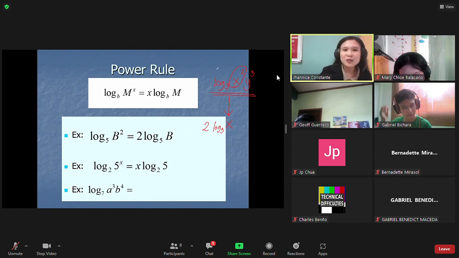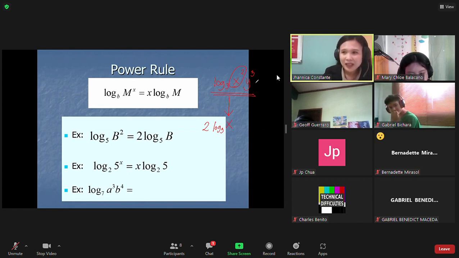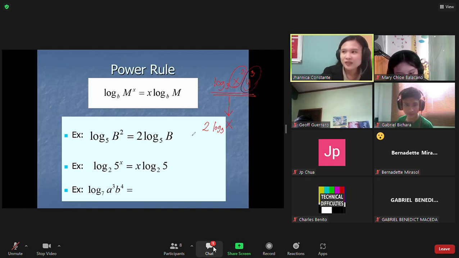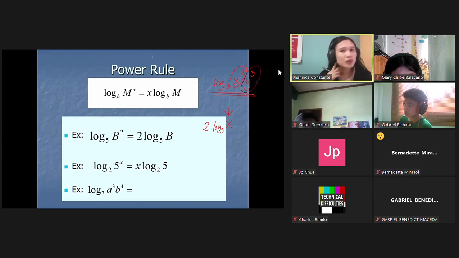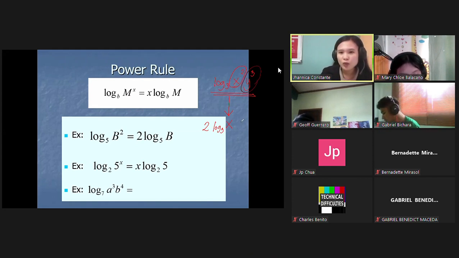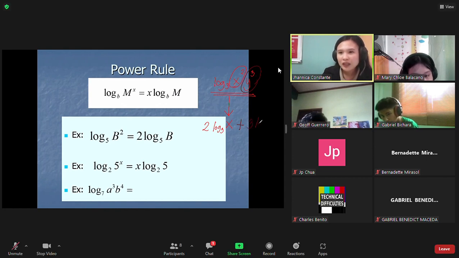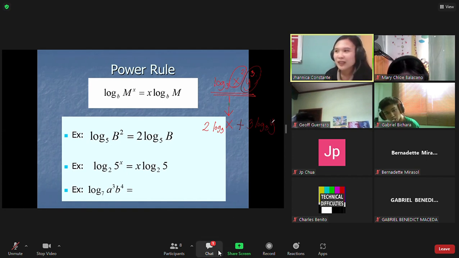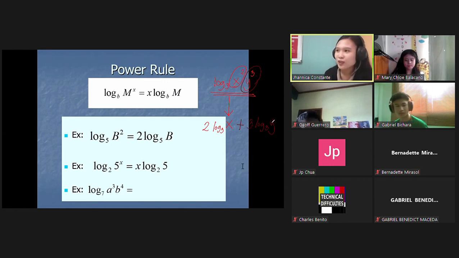Then proceed with your second argument, which is y cubed. Since x and y are in a product, we're going to add. So plus, get the exponent of your second argument, 3 logarithmic 3y. So that is the expansion of logarithmic 3 of x squared and y cubed. Okay?